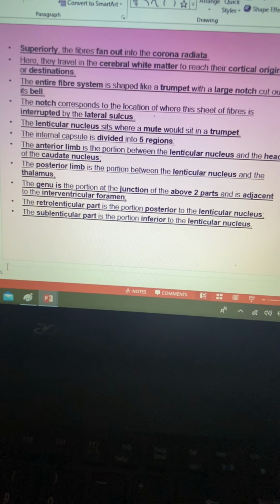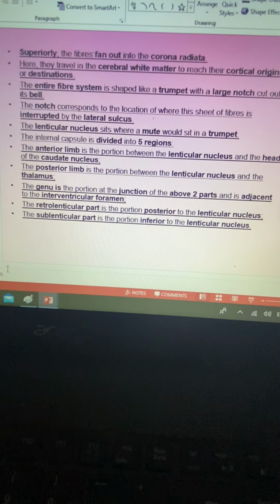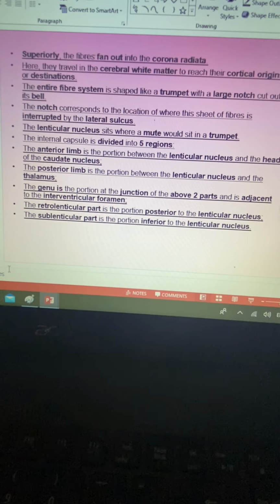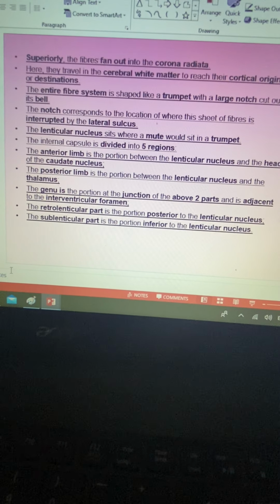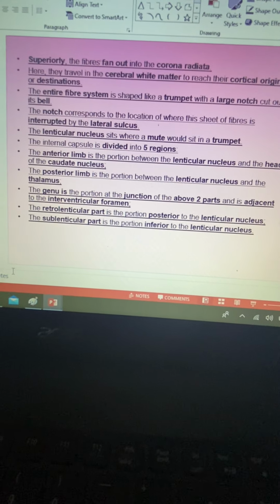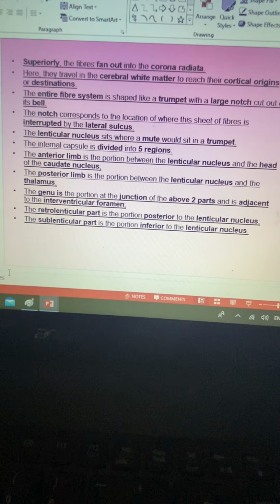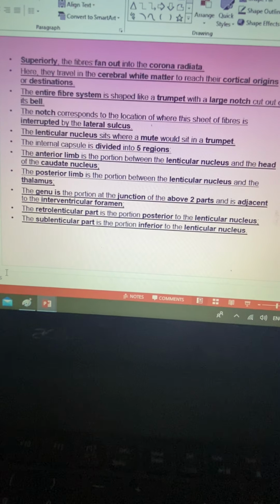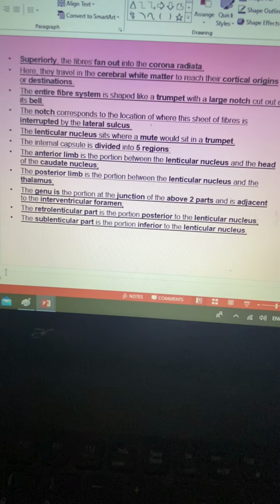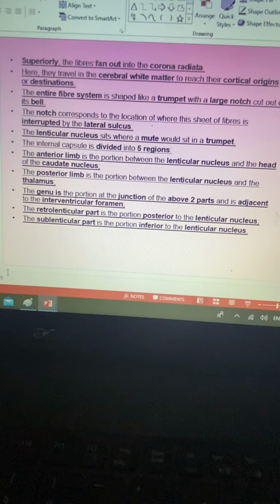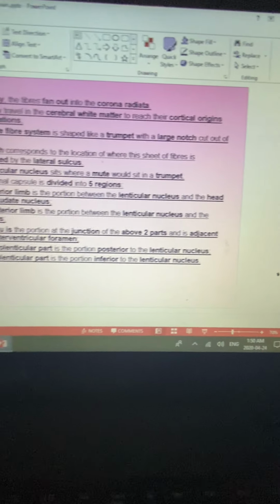The genu is the portion at the junction of the above two parts, that is, the anterior and posterior limbs have their junction. There is a bend, and that portion is adjacent to the interventricular foramen. The retrolenticular part, as the name indicates, retro, is the portion posterior to the lentiform nucleus, and the sublenticular part is the portion inferior to the lentiform nucleus.